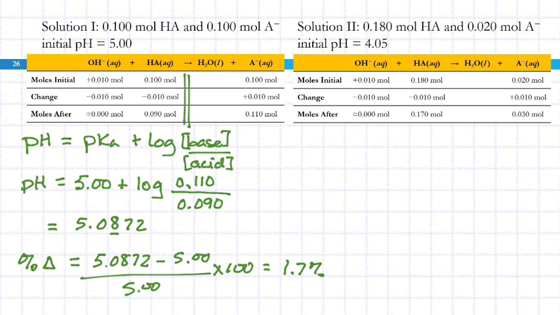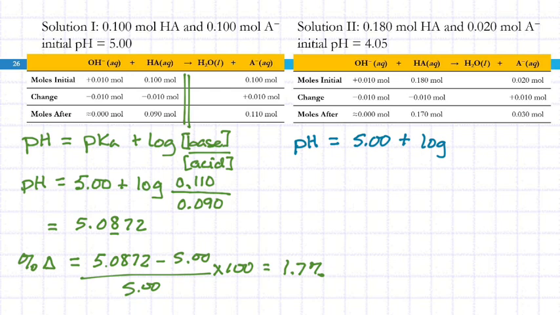So then we're going to do the same thing with the other buffer. This also has a pKa of 5. Here's that same table. We don't really need to talk about it unless anybody wants to. I didn't think I'd get any takers on that.